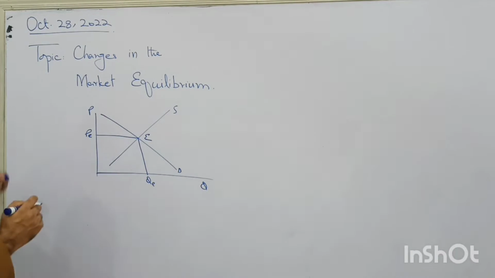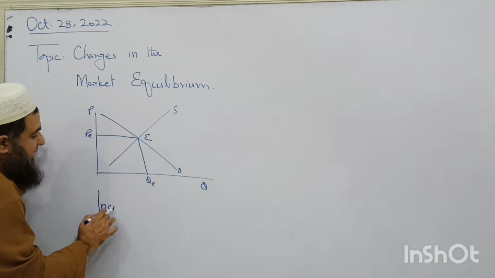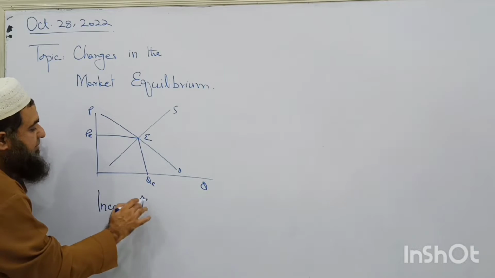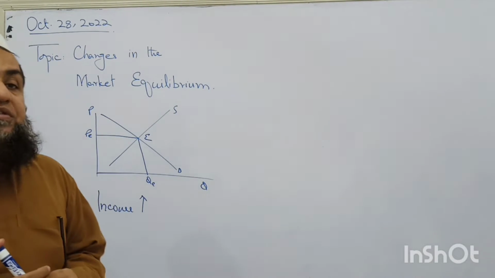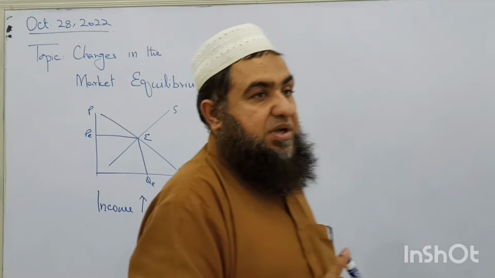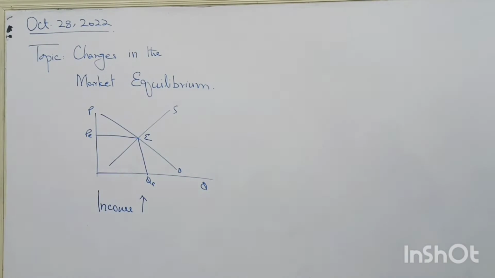For example, if consumers' income level increases, which curve will shift in which direction? Anybody can tell me? Either demand or supply? Demand curve.